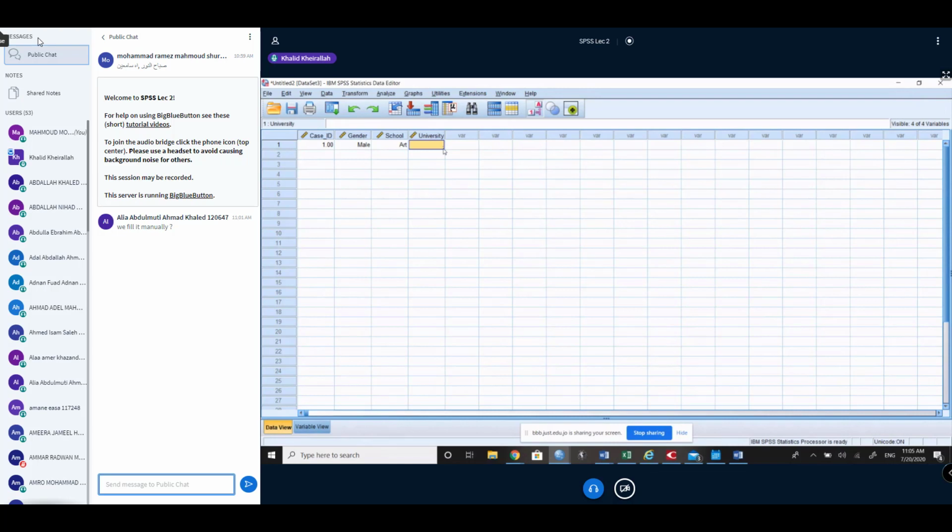It's going to have a dot. This dot is what's called a missing value for that subject, for that patient, for that participant, for that specific question. For the university, this subject did not fill the question. This is called missing data. Now you have to analyze and see how you are going to handle this missing data.